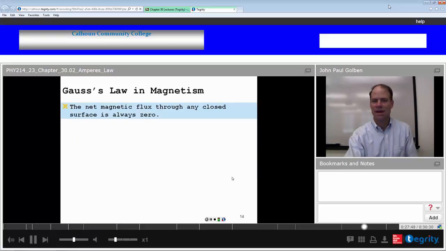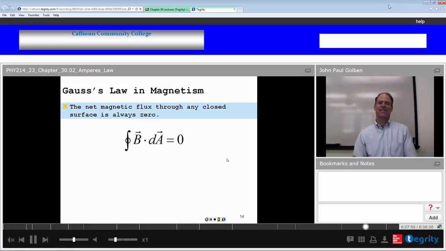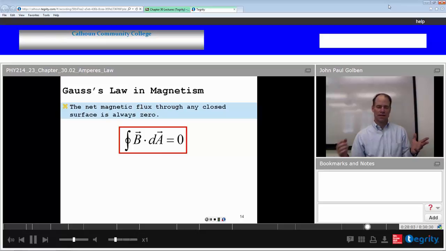The net magnetic flux through any closed surface is always 0. This is Gauss's law in magnetism. Basically, it's a statement that there's no such thing that we can find in a macroscopic sense as a magnetic monopole. Because if you had a north pole somewhere, you're always going to have a south pole right there.